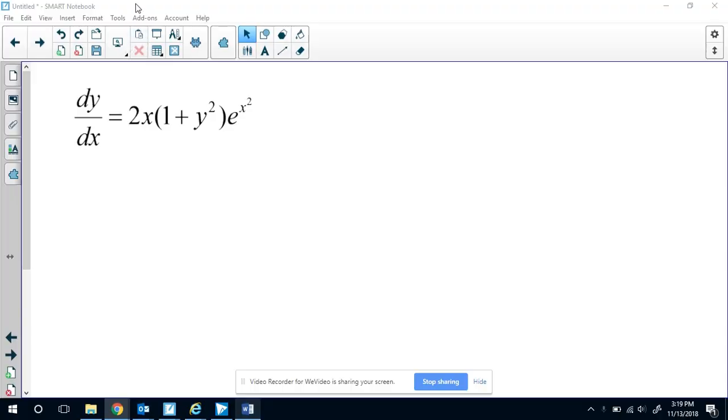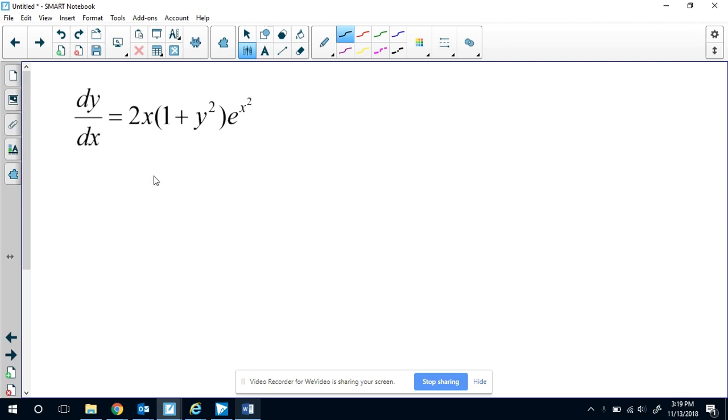The final problem is a separation of variables problem on dy dx equals whatever it ends up equaling. So in this case, dy dx equals 2x times (1 plus y squared) times e to the x squared. So the first thing that we're going to do is separate the variables.